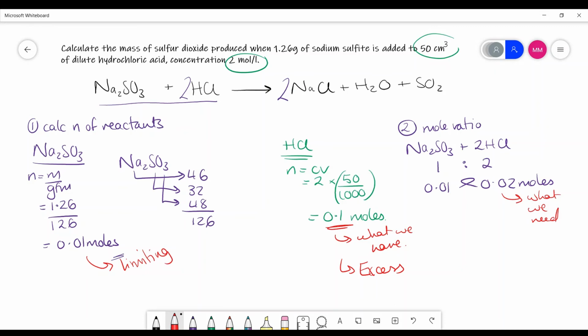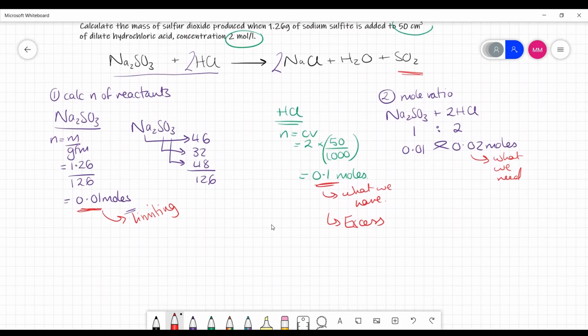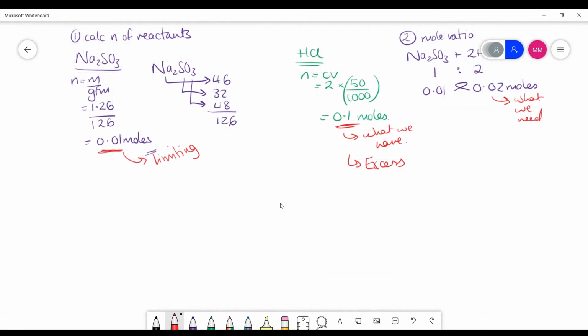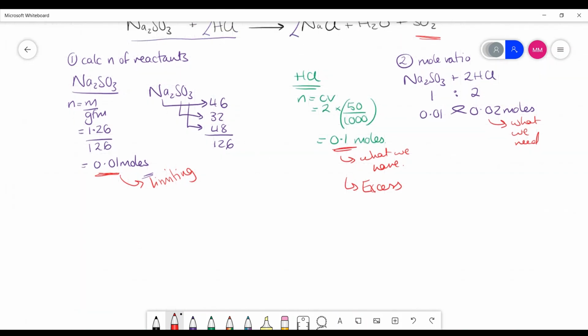What we now do is use this number of moles of our limiting reagent to work out the mass of product that is needed. So let's move down. This time we're going to rewrite our equation. So we have our sodium sulfite, and what we're looking for is our sulfur dioxide. So 1 mole of this will give us 1 mole of sulfur dioxide.